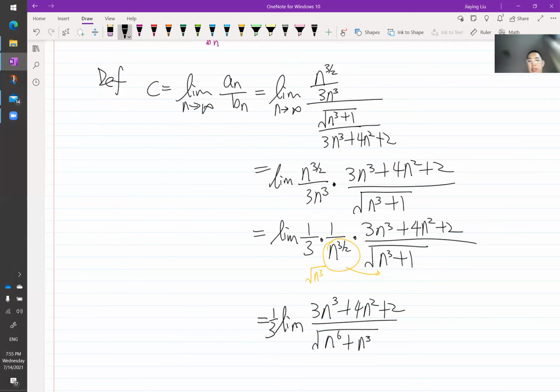And from here, I'm just going to divide by n cubed, because that's the leading term of the numerator as well as the leading term of the denominator, right? Because n to the 6 dominates the denominator in the root, and then when you take a square root, you get n cubed.